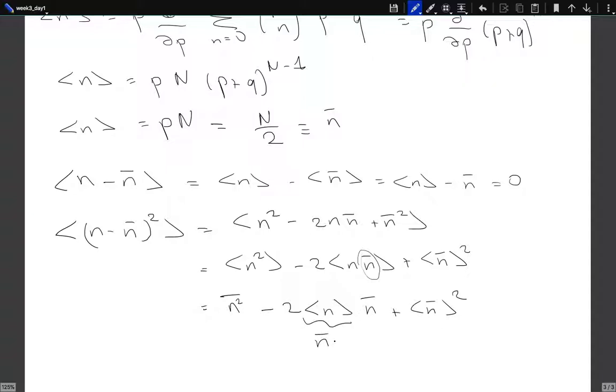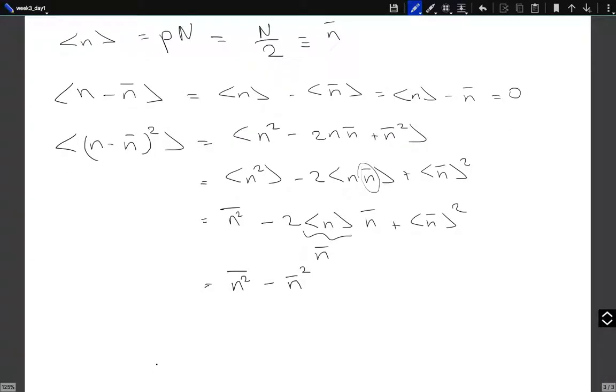And keep in mind that this is also an average. So this is nothing but the average of the square of the numbers minus the square of the average of the numbers. This is what's usually called the square of the standard deviation.